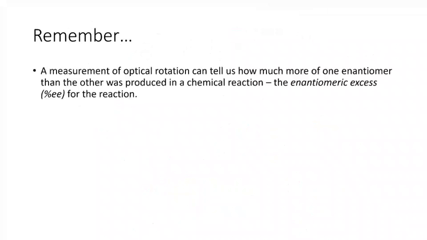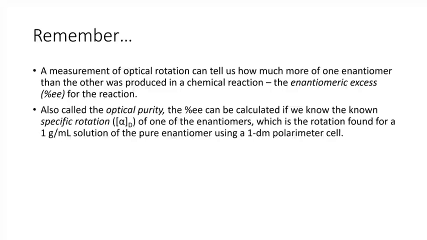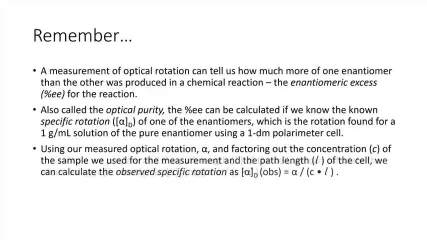Remember, though, a measurement of optical rotation can tell us how much more of one enantiomer than the other was produced in a chemical reaction, the enantiomeric excess for the reaction. Also called the optical purity, the percent EE can be calculated if we know the specific rotation of one of the enantiomers, which is the rotation found for a 1 gram per milliliter solution of the pure enantiomer using a 1 decimeter polarimeter cell.